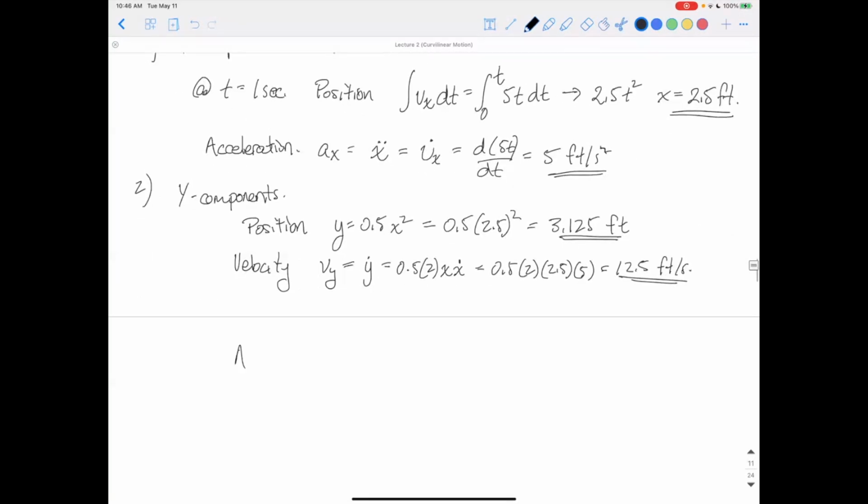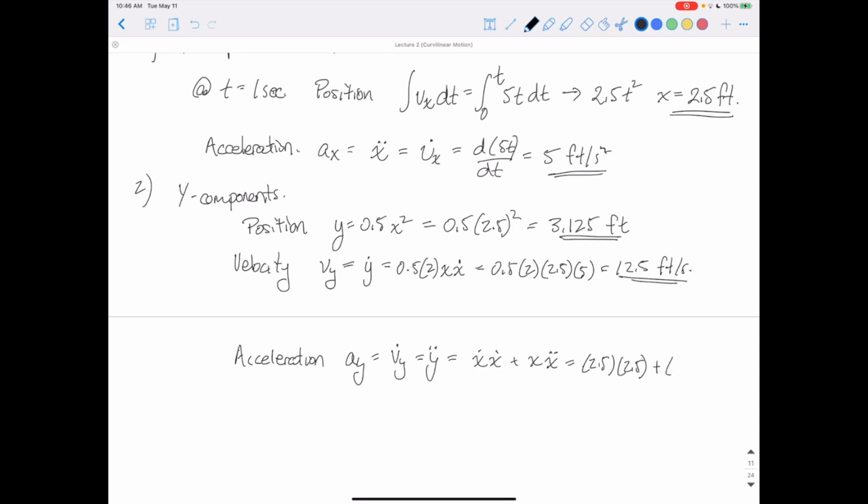And then lastly, our acceleration, ay is equal to vy dot, or y double dot. So we can write this as 1/2 times 2 is just 1, so we end up with x dot times x dot plus x times x double dot. We know x dot at t equals 1 second is equal to, where is that, 2.5. So we have 2.5 times 2.5.